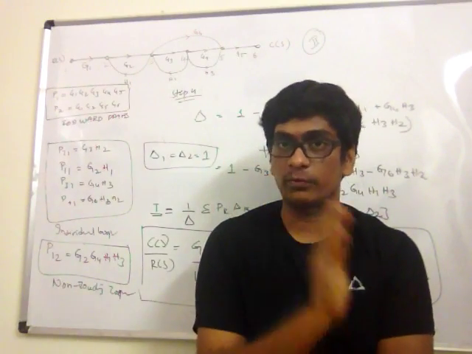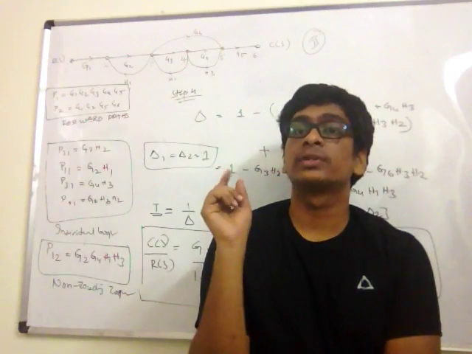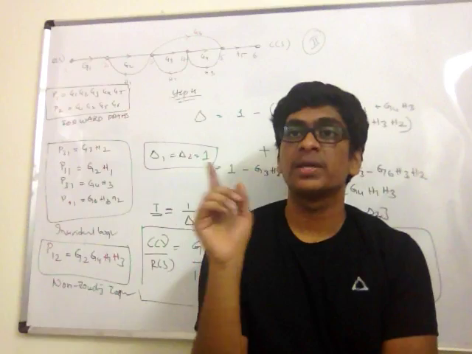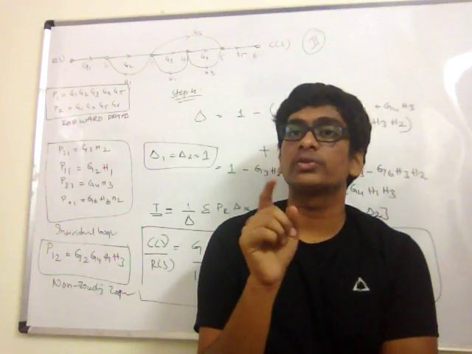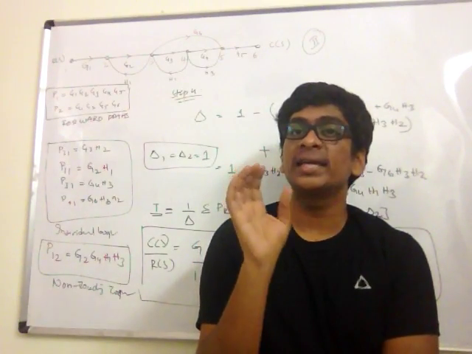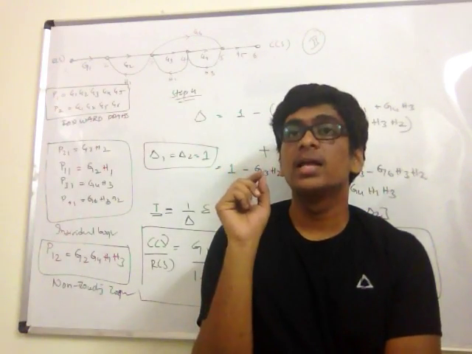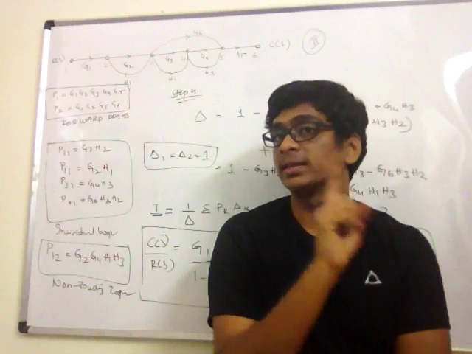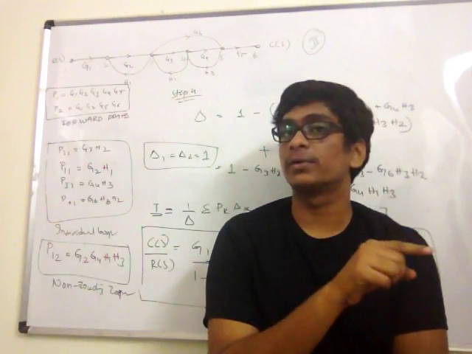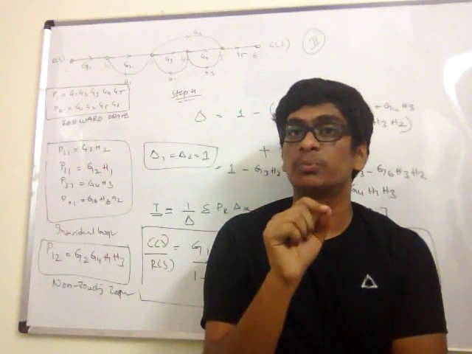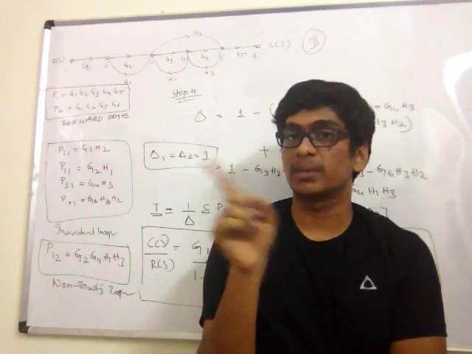Once you have the number of forward paths, write down the gains of each forward path. Step 1, done. Step 2, find out the gains of each individual loop in that signal flow graph. So how many loops are there in that graph? Write them all down and write down the gains of each individual loop. Done. That is step 2.